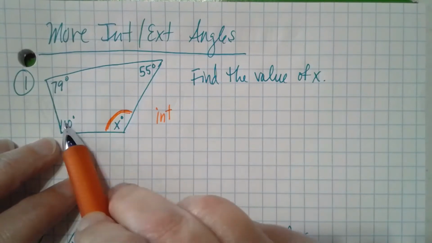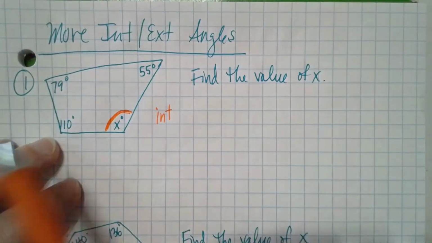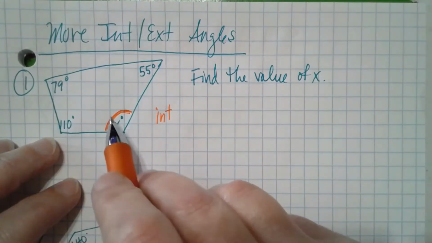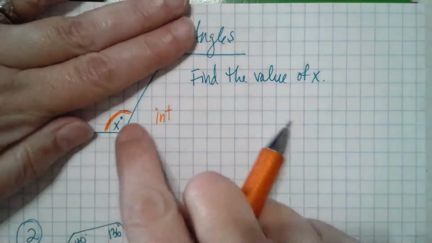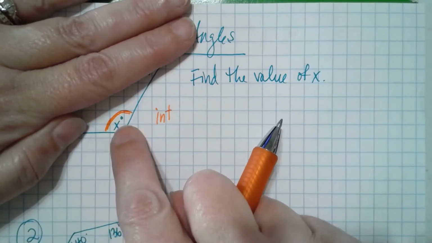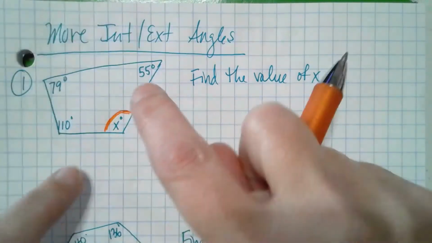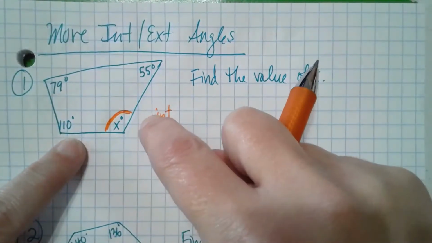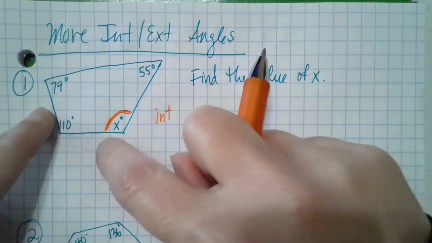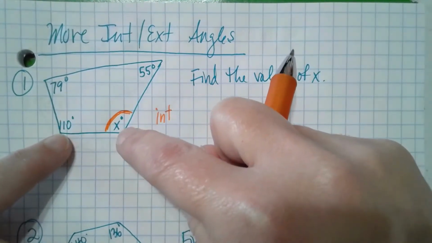Do we want to use all of the angles, so that would be the sum of all of the angles, or do we just want to look at one? Now the thing is, we're only really trying to find one angle, but if I use the formula for one interior angle, that is under the assumption that this is a regular polygon, meaning all 4 of these sides on our shape are congruent, and all 4 of these angles are also congruent.